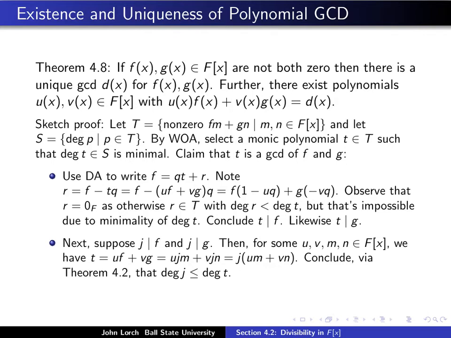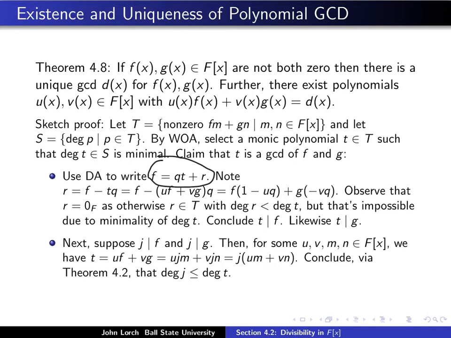For the first bullet point, we start with the polynomial f, and we're going to divide it by t using the division algorithm. So we get quotient polynomials q and r. We can solve for r in this equation here, and we can write r as f minus tq.